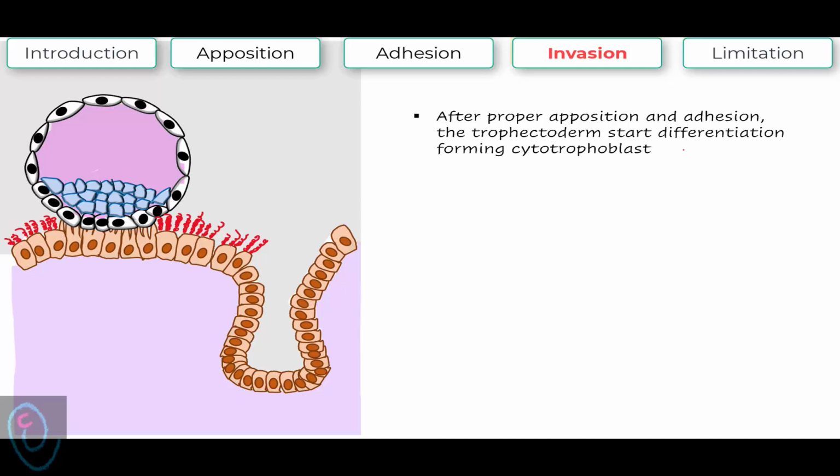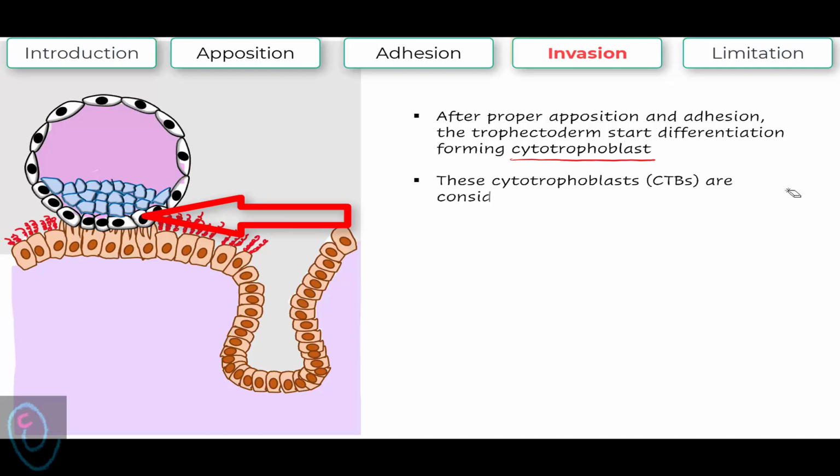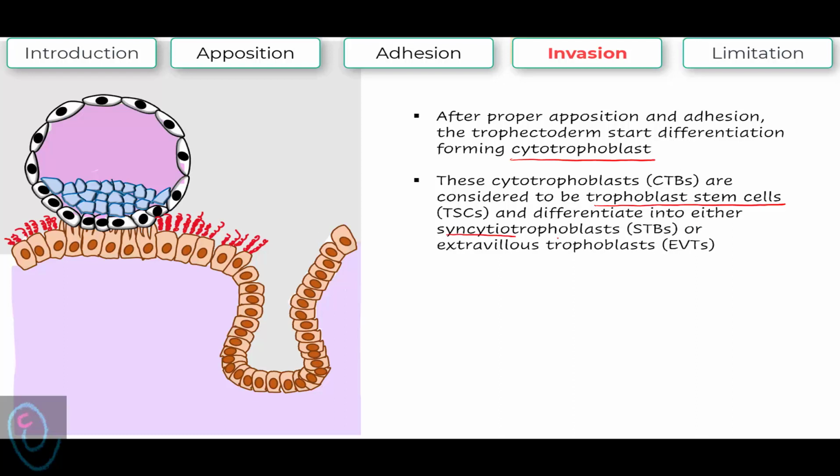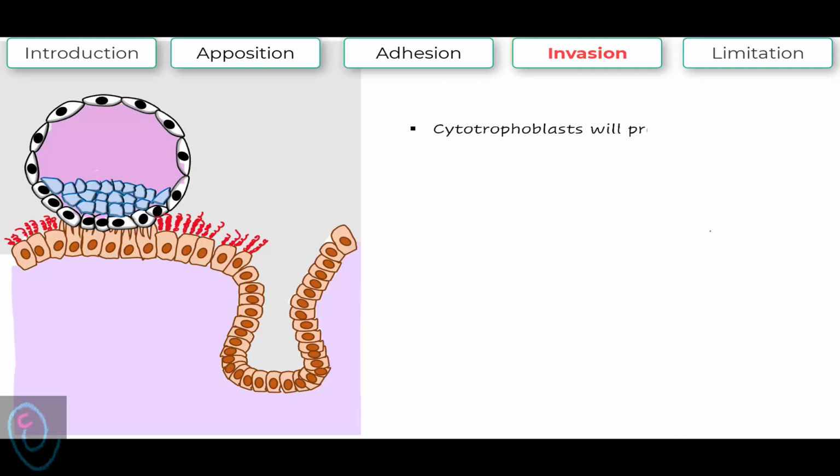After proper apposition and adhesion, the trophectoderm starts differentiation, forming cytotrophoblasts. These cytotrophoblasts are considered trophoblast stem cells because they can further differentiate into either syncytial trophoblast or extravillous trophoblast. Cytotrophoblasts will proliferate.